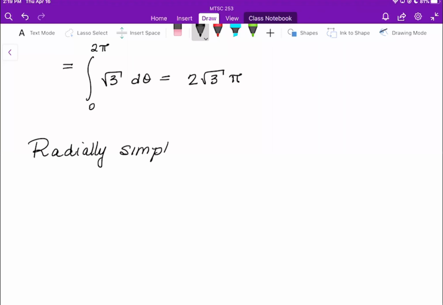Okay, so what is a radially simple region?